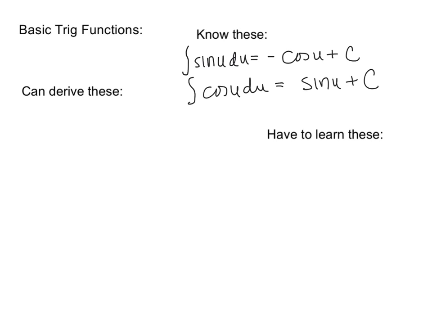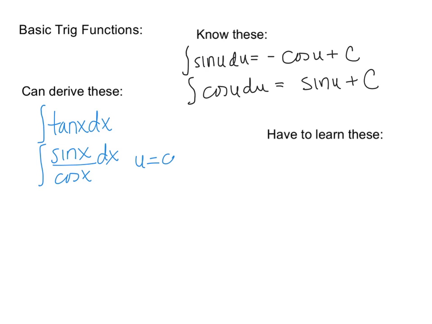So here are the ones that you can derive. The first one is tangent. Let's write tangent x dx. I'm going to switch to the x just to make this a little less confusing. I could rewrite it as sine x over cosine x dx.